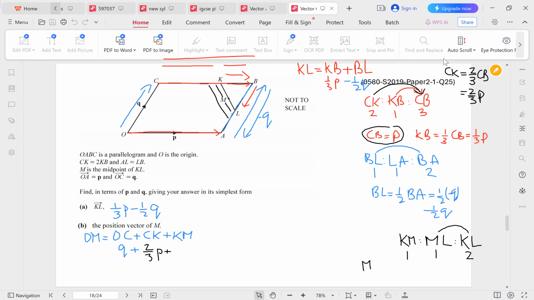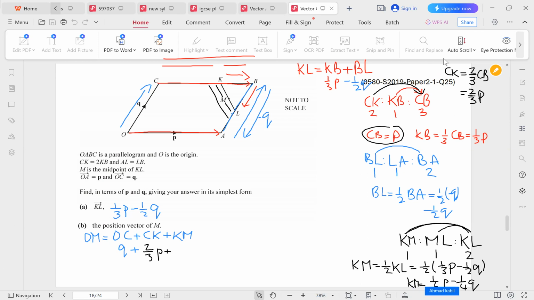It doesn't really matter, it's the exact same thing, but we are interested in KM here, so let's just write KM. KM would be half KL. So this would be half times KL, and we already have the value of KL since we got it in question A. It's equal to 1 over 3P minus 1 over 2 times Q. And we can expand this to get 1 over 6P minus 1 over 4Q. And that would be the value of KM.